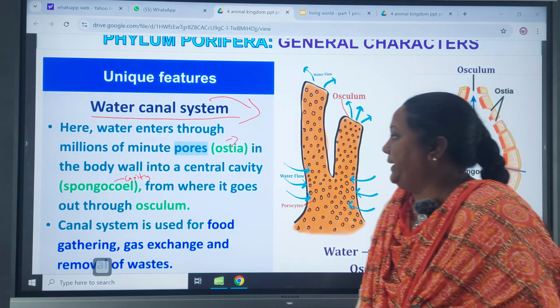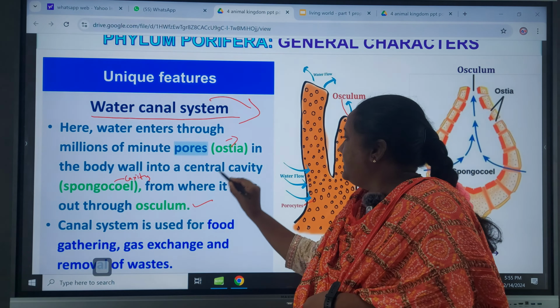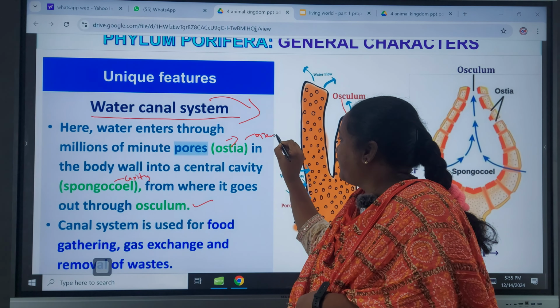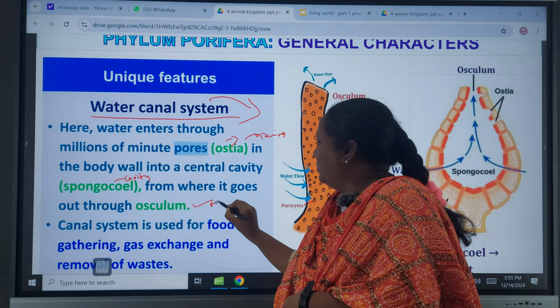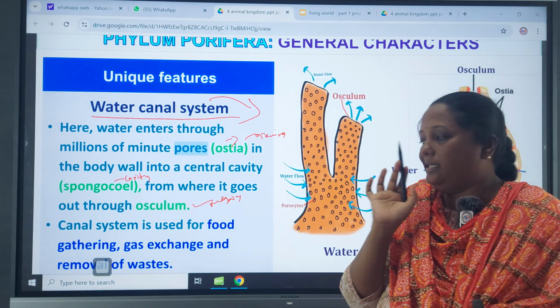From there it goes out through the osculum. This is the incoming opening and this is the outgoing one. Only a single osculum opening is there.